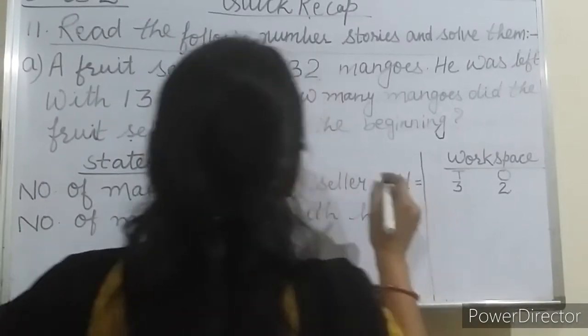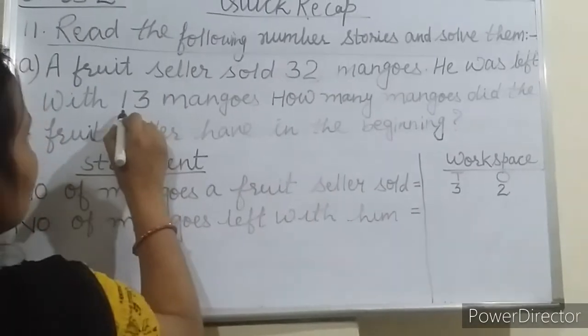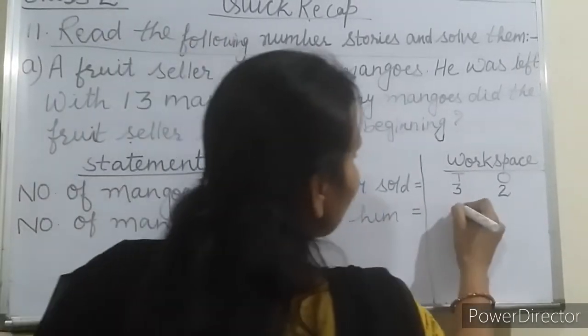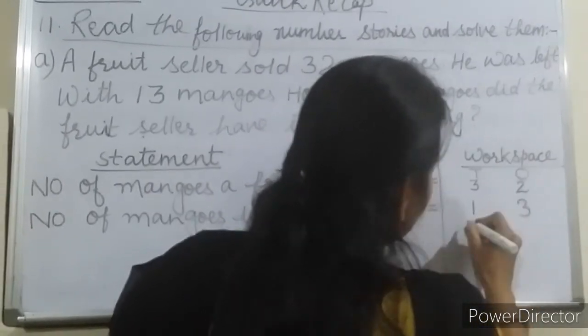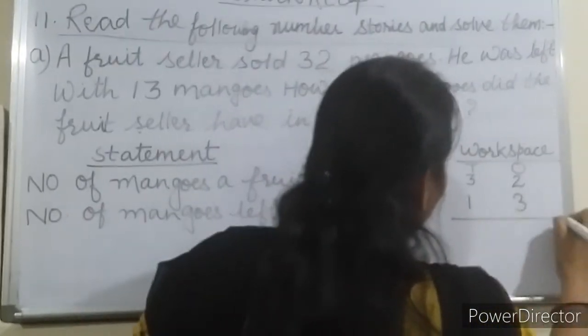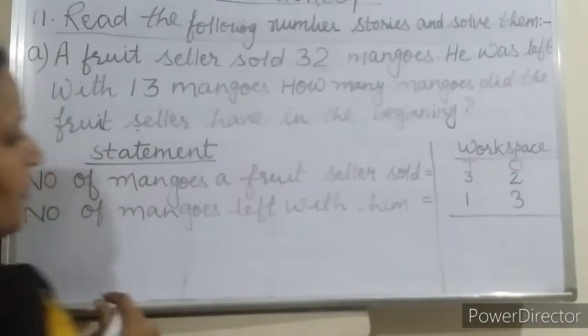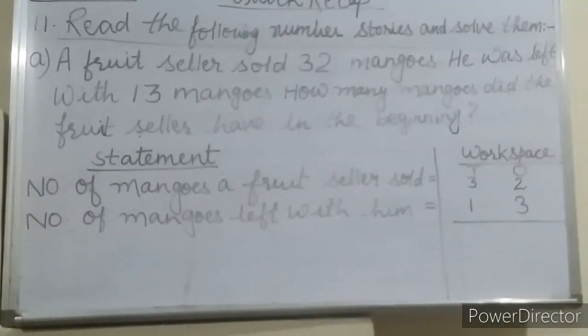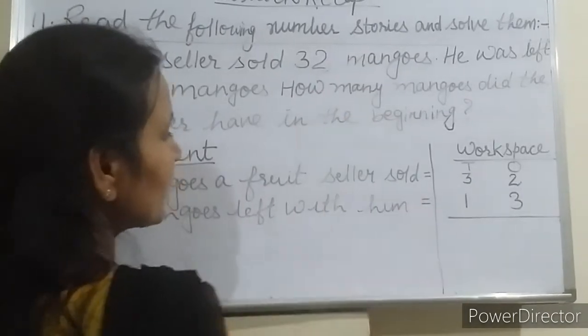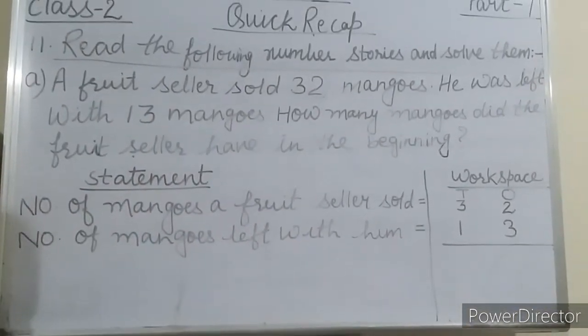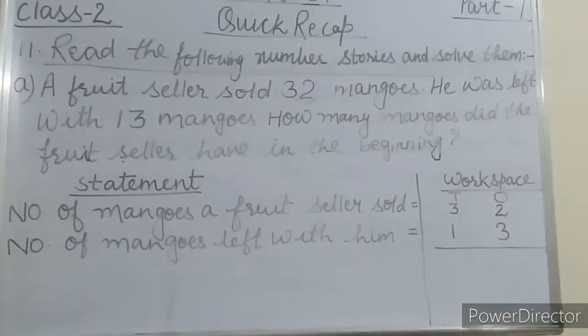How many mangoes left with him? 13. So here you will write 1 here and 3 here. So students, what you have to do now? Again you have to write the third statement.